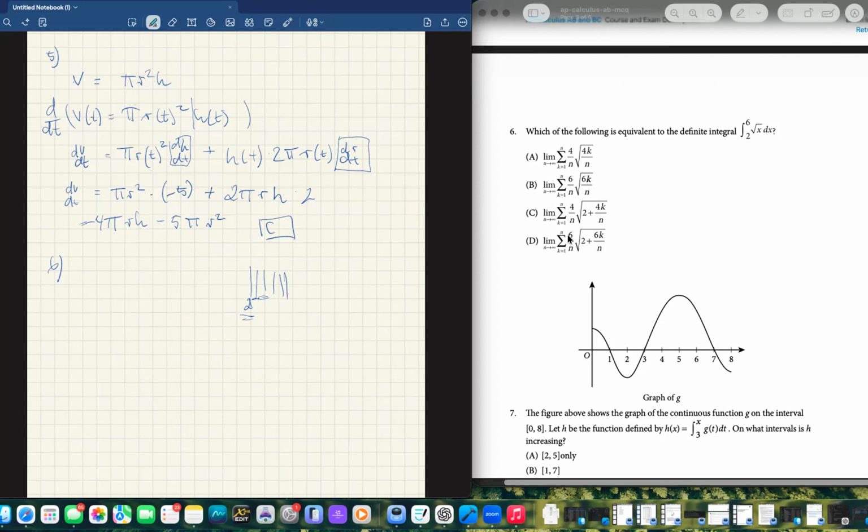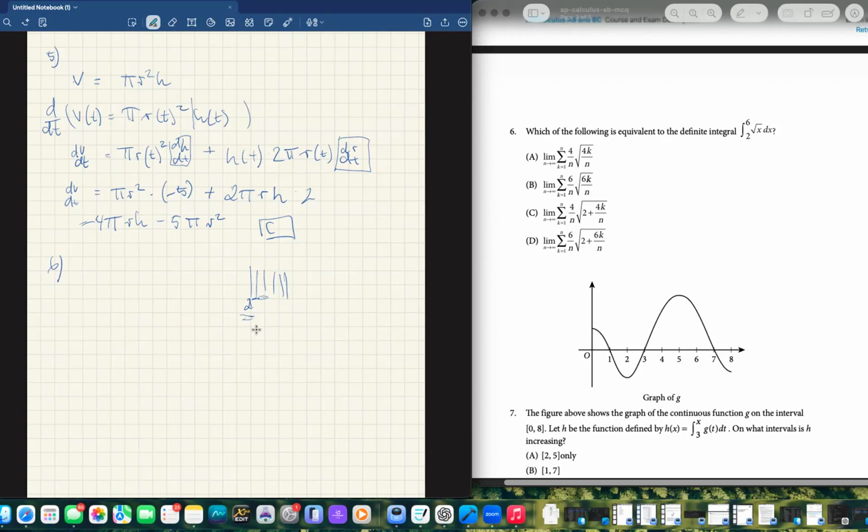Now let's see if it's 4 or 6. What determines that? Well, the width is determined by being a slice, a fraction over n, a fraction of the width of the integral.